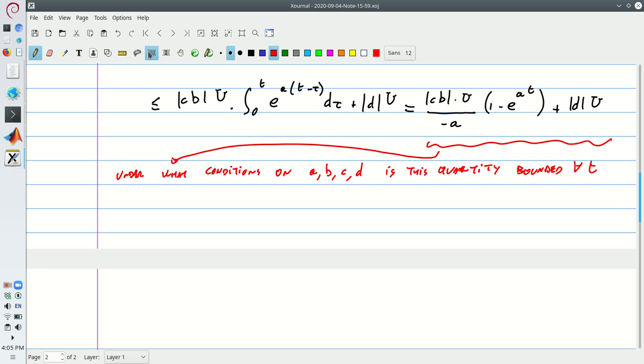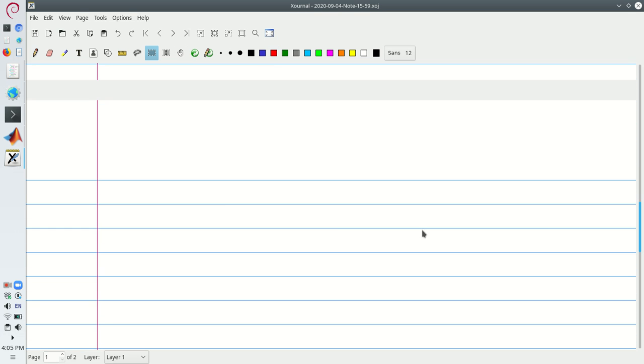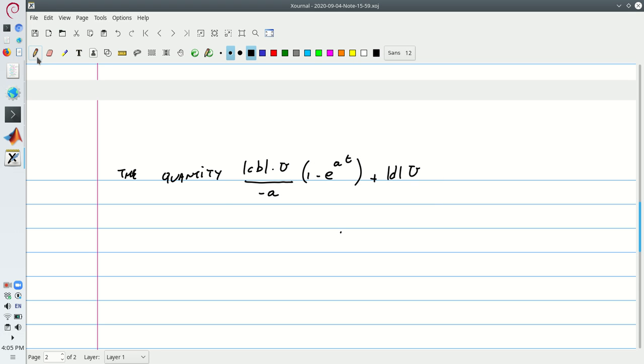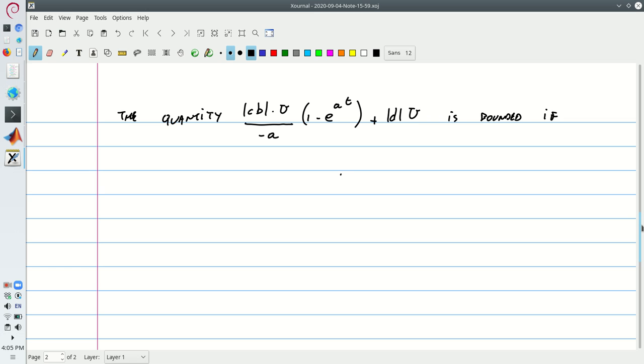Let's take a look at this quantity. We grab it here. The quantity here is bounded if, for all t greater or equal than 0, of course we are considering only the future of our system.